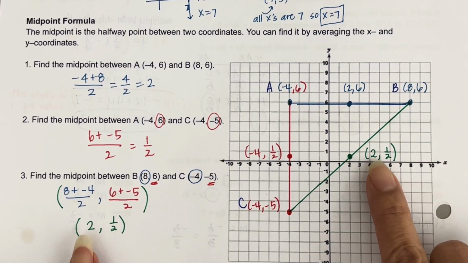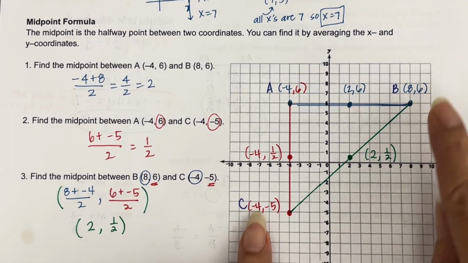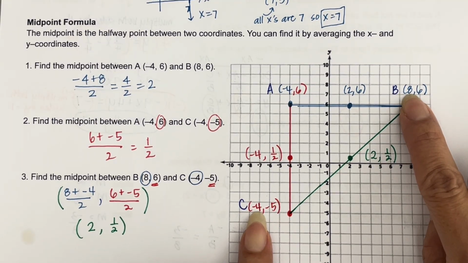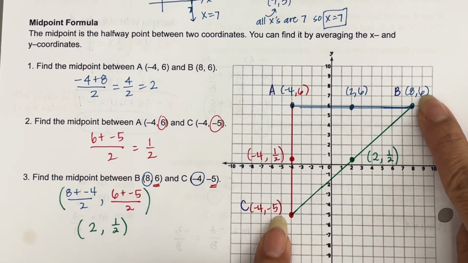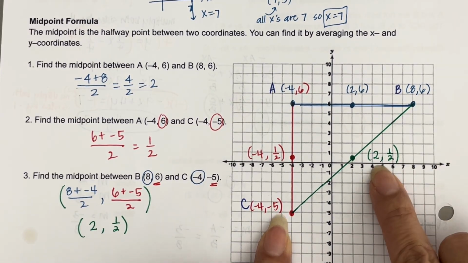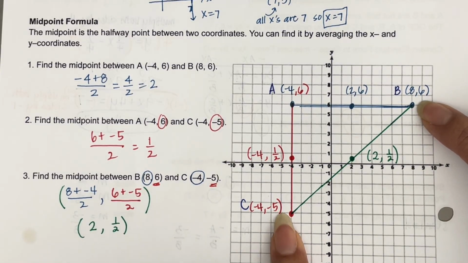That way, I'm going to get one ordered pair as my midpoint. So 2 is in between the two x values, and 1/2 is in between the two y values. And that's why (2, 1/2) is the midpoint between points B and C.